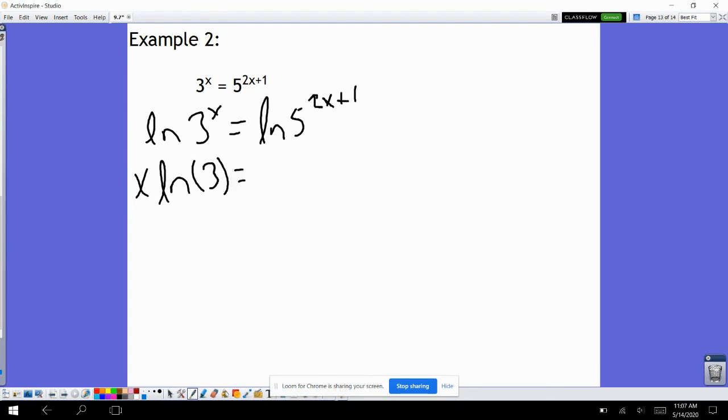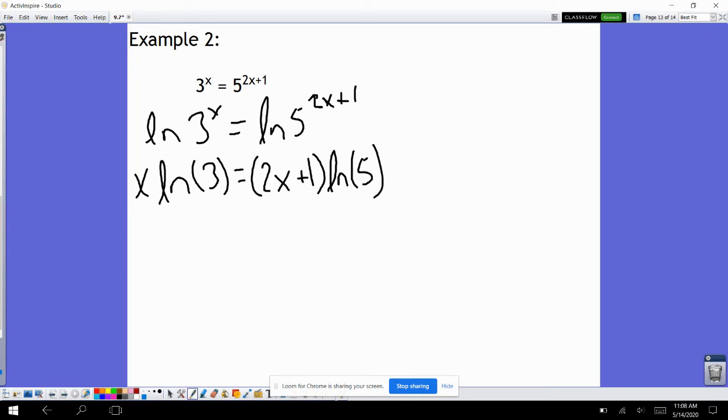And this is the same as (2x plus 1) times the natural log of 5. Make sure that 2x plus 1 is in parentheses, okay? That 2x plus 1 is the entire exponent, so you have to make sure that the entire 2x plus 1 is multiplied by the natural log of 5. And that's going to be important in this next step.